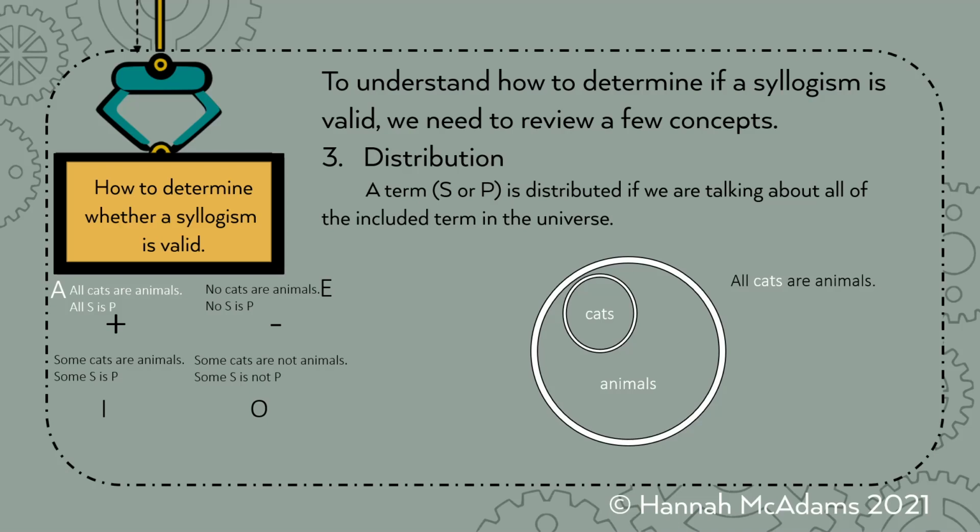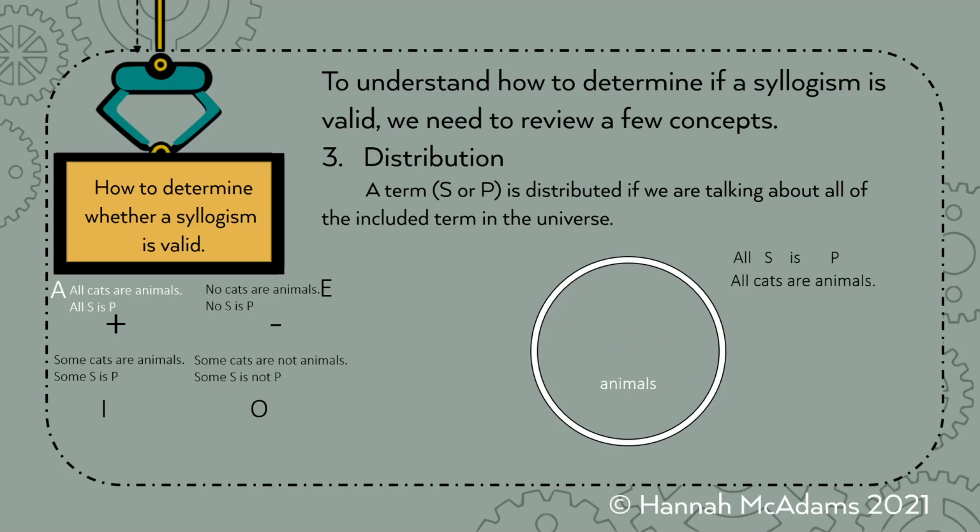It's just easier to understand with true ones. Now let's look at animals. Are we talking about every animal? Are all animals cats? Well, no. Here we have cats, but we could also have goats or elephants or giraffes. So we are not distributing animals, but we are distributing cats because we're talking about every single one.